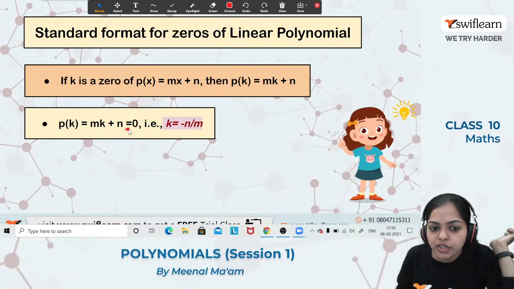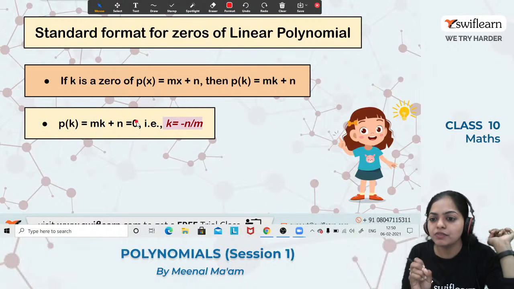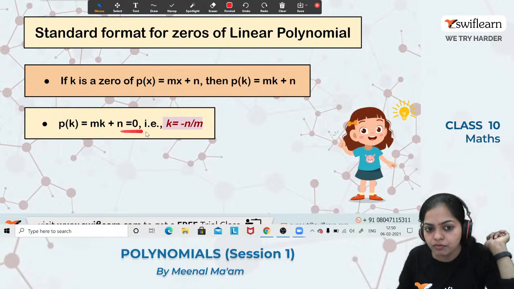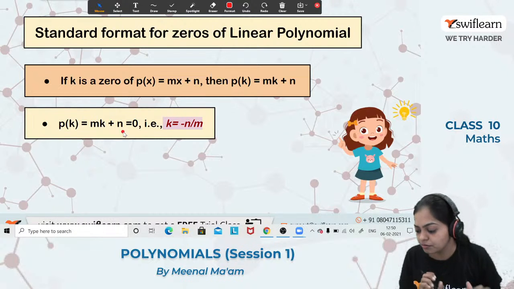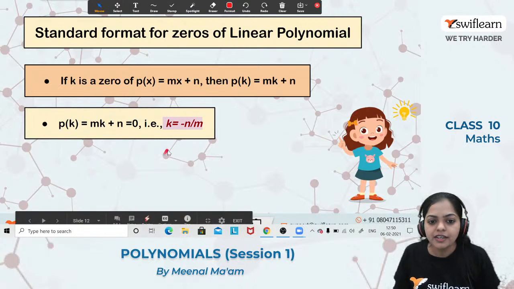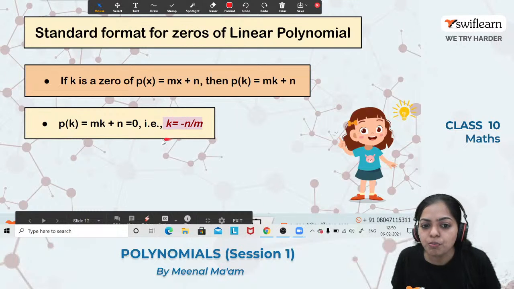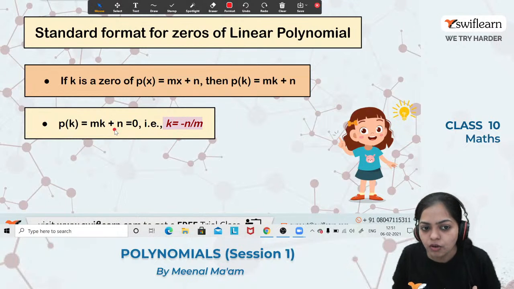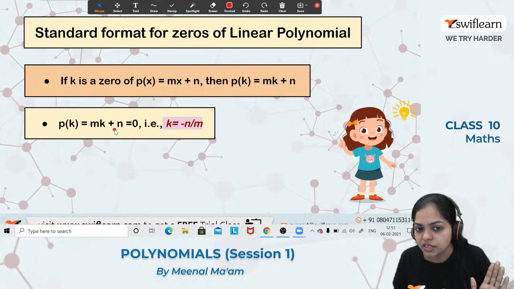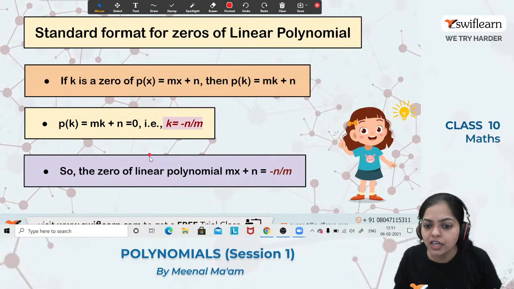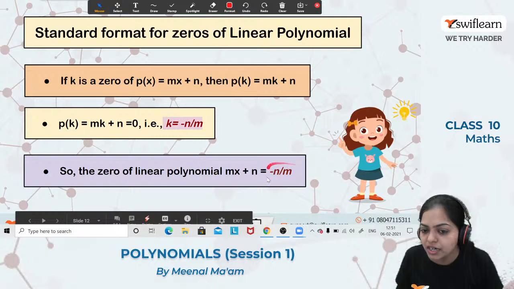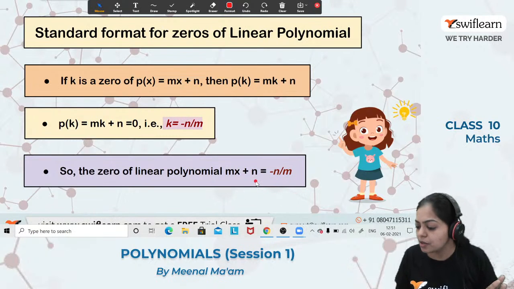Now we have to put this polynomial equal to 0 because we have to find the value of k. So k = -n/m, just by solving the equation. So the 0 of a linear polynomial mx + n is nothing but -n/m. In this way we can find the 0 of any polynomial.